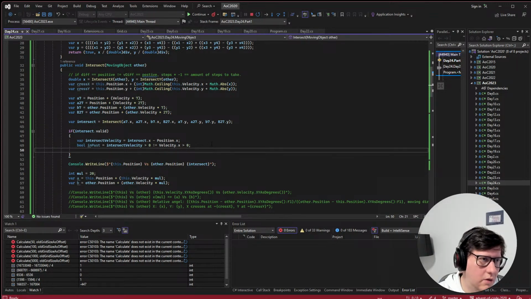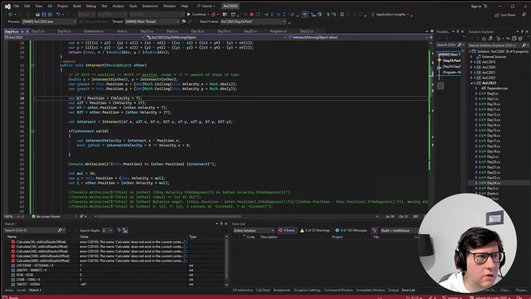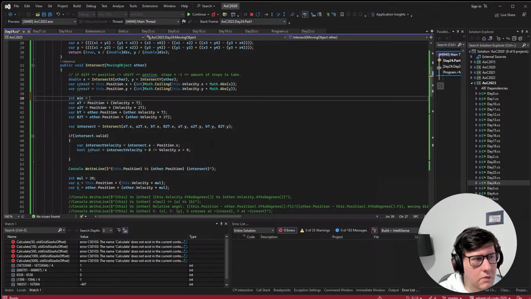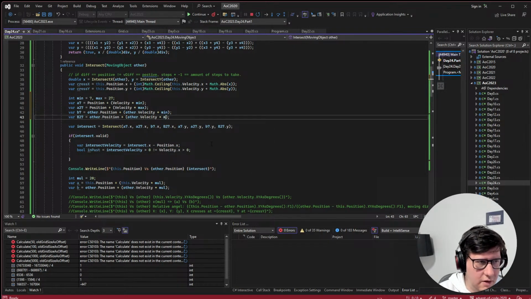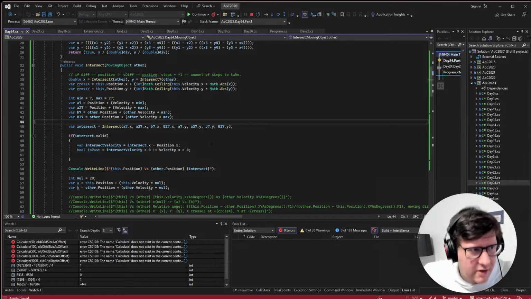And then we can do the good thing is I already also have my test values here, so it's not only just to have two values to pass to the intersect.